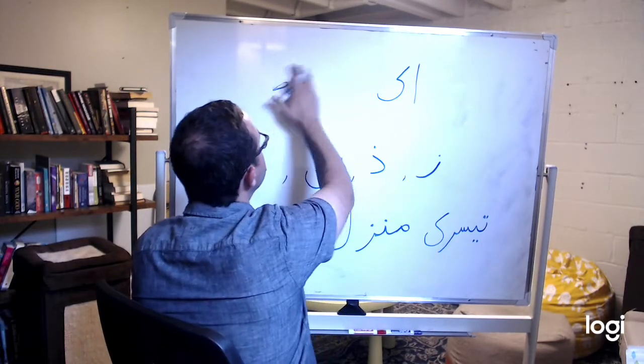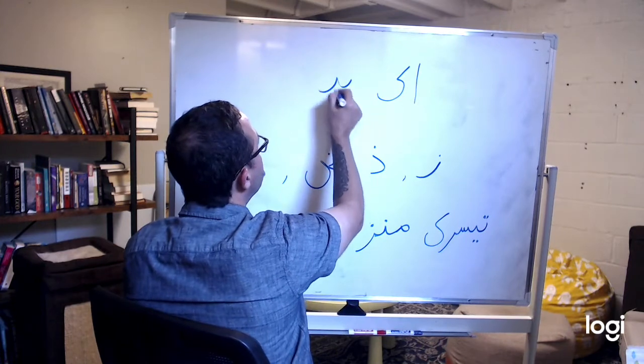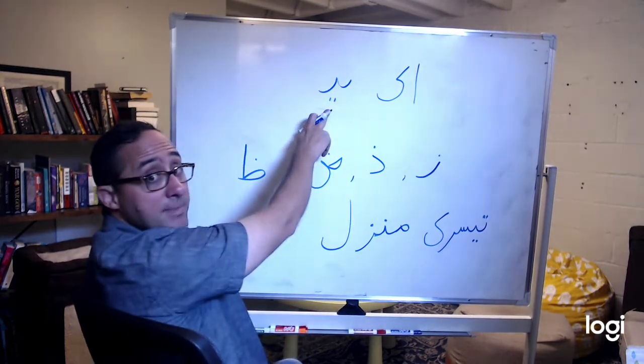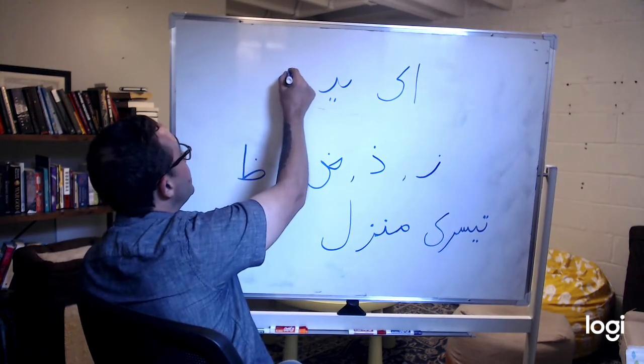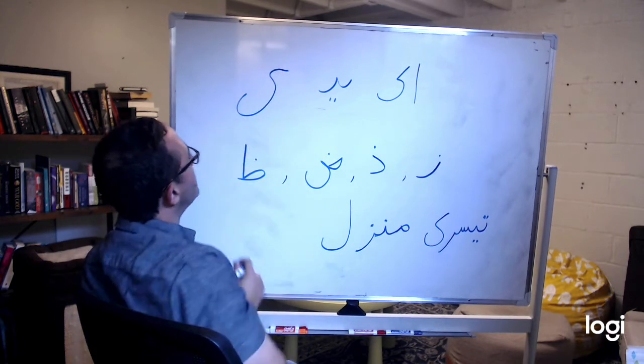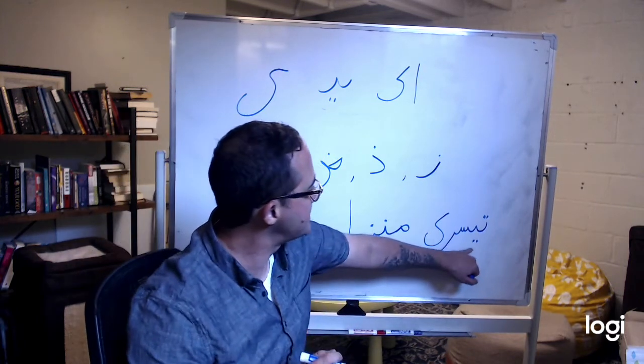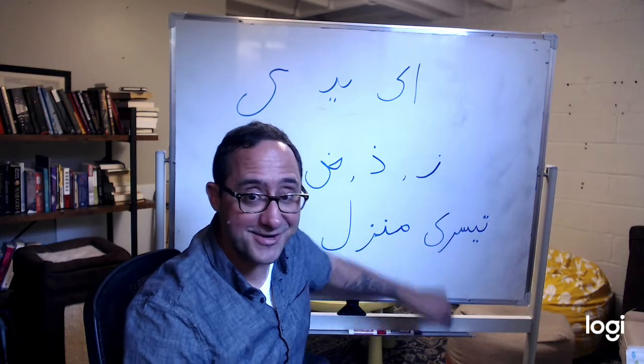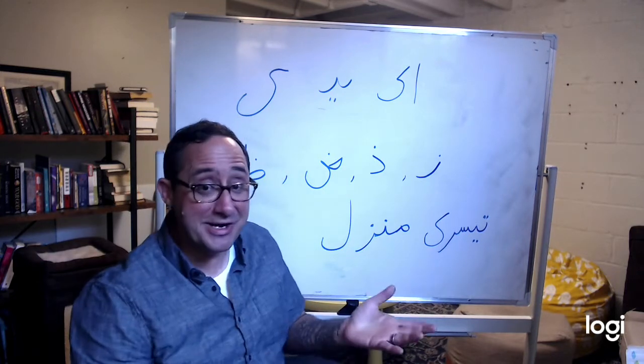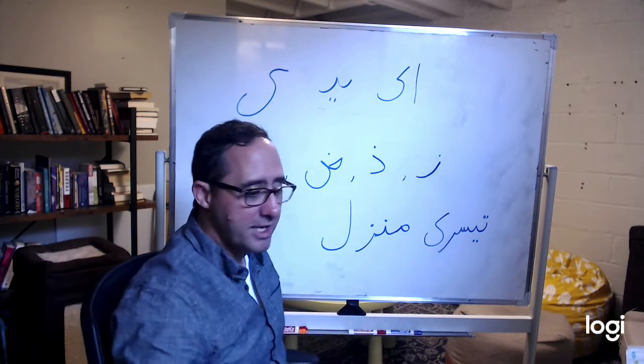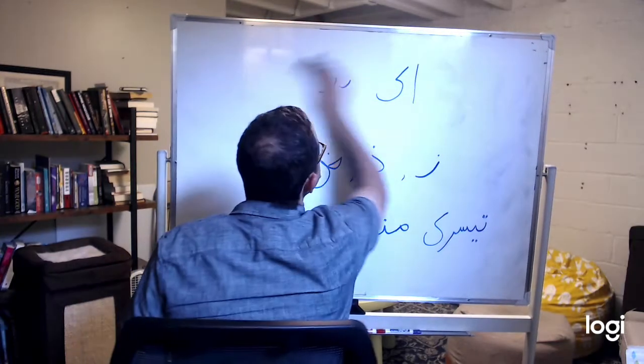This is how E looks in the middle. It has the dot below. This is how it looks at the end. Tisri. All right? You're learning a lot already. Tisri Manzil. All right, let's go on to the letters.